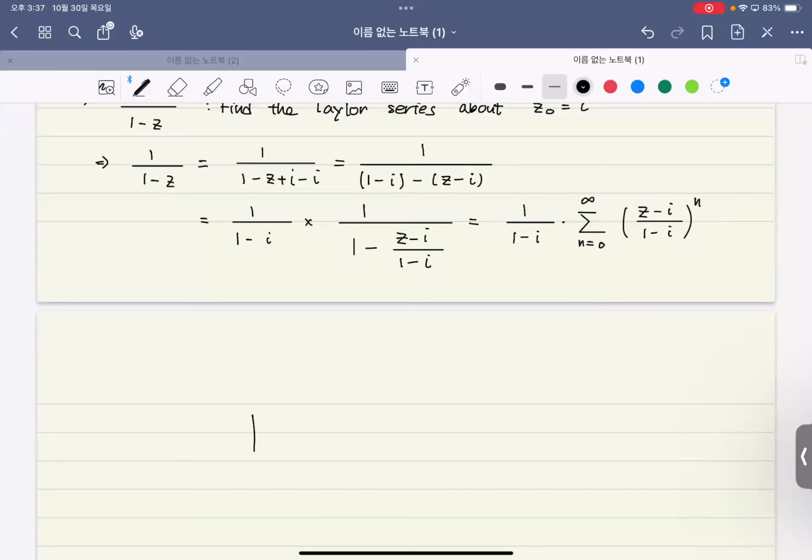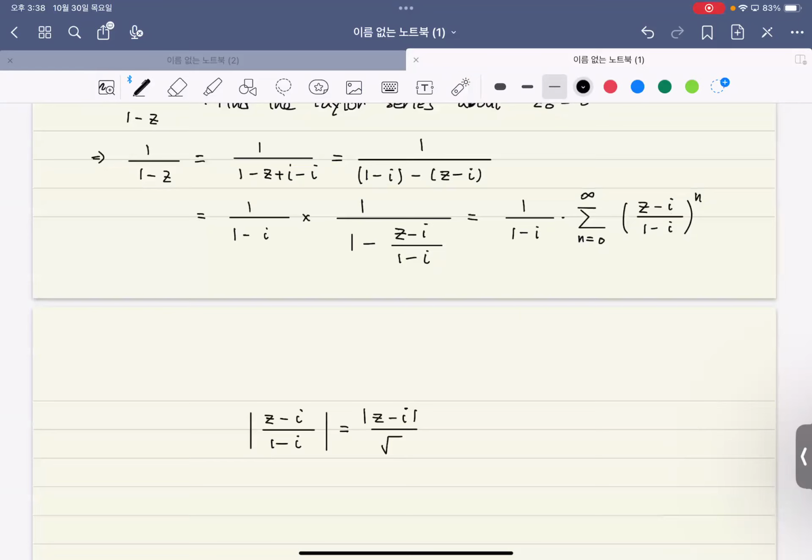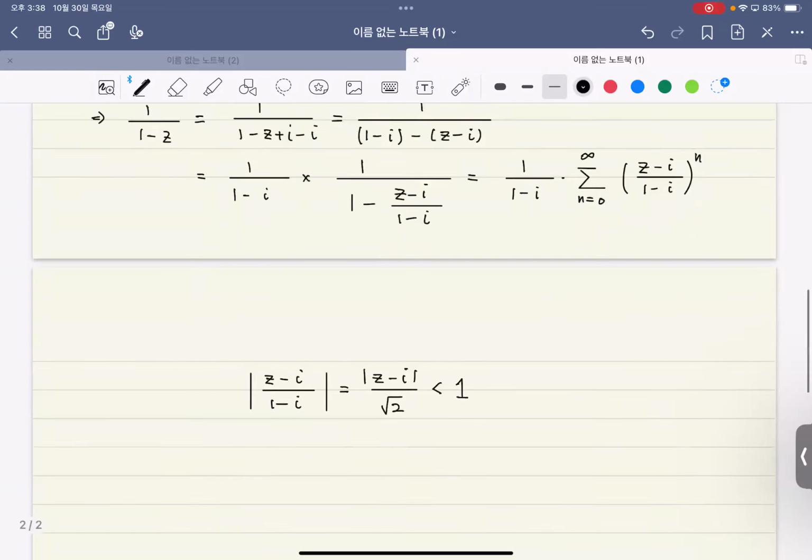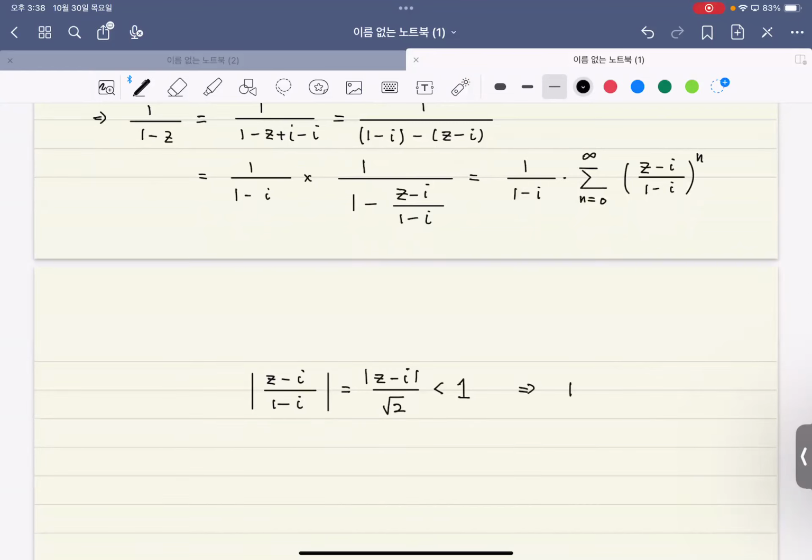So to check the radius of convergence, I require that this number, and it turns out this is the magnitude of the denominator, which is just square root of 2, and we require that this number be less than 1. So just as we expected, our radius of convergence should be exactly square root of 2.